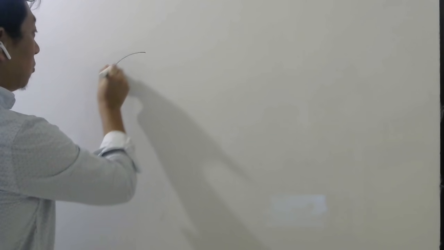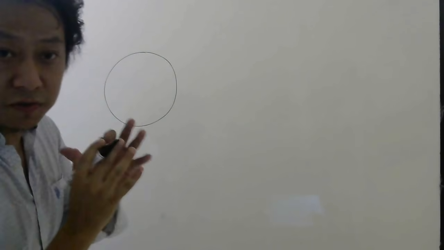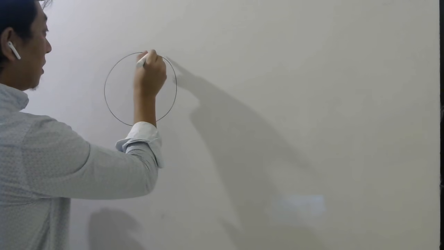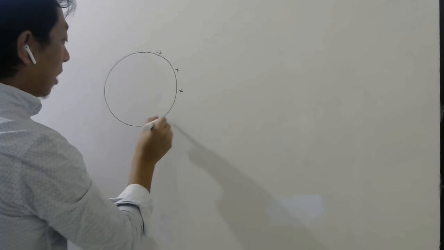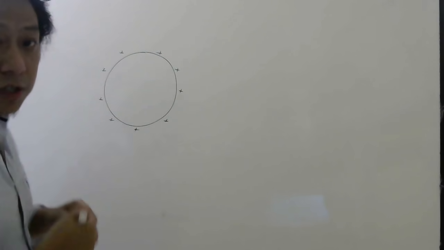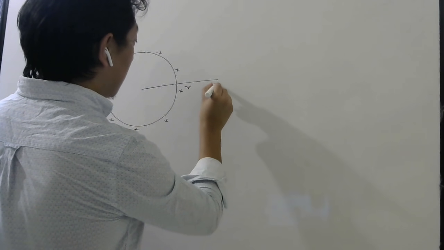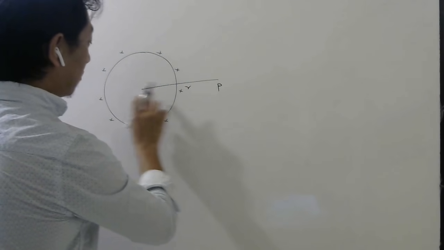If you remember, if I give you a shell of charge, shell means hollow sphere, so inside nothing is there and all the charge is on the outer surface. It is uniformly distributed. Suppose I want electric field at some point P, at distance R from the center.